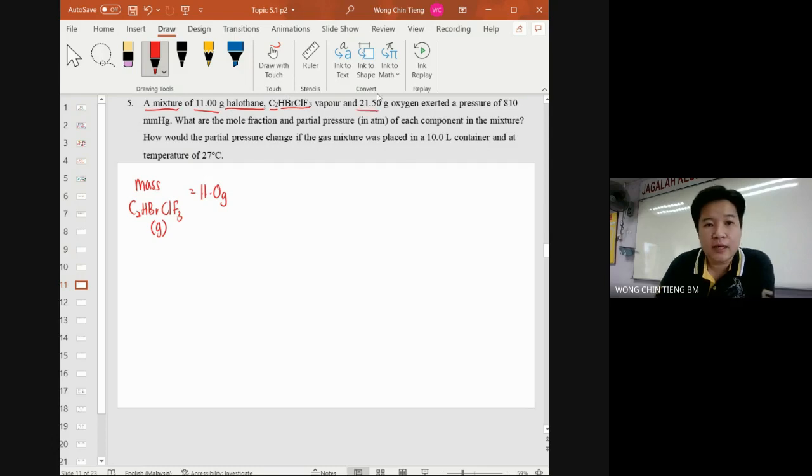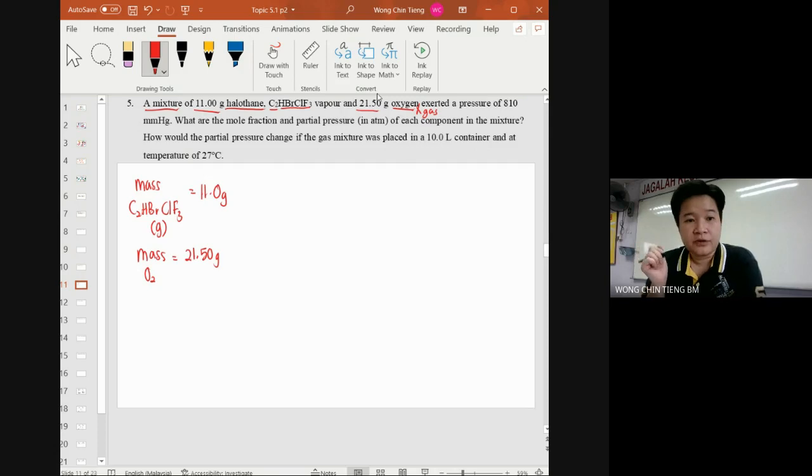And 21 gram of oxygen exerted a pressure of 810 millimeter mercury. So the mass over there, saya nak betulkan soalan saya boleh? Oxygen gas. So mass of O2, bukan mass of O. Kelemahan soalan saya, definitely. Sorry, tertinggal gas tu. So, soalan saya next. The 810 millimeter mercury pressure apa?